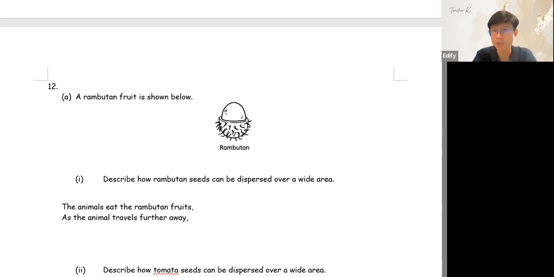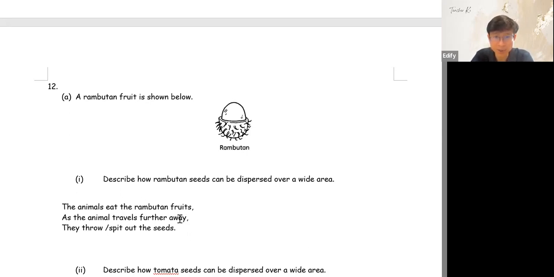The third step is to throw away the seed. They may throw away the seeds, or sometimes they spit them out. Throw away or spit out. Okay, so these 3 steps: eat the fruit, travel, and spit it out. These are the 3 basic steps.